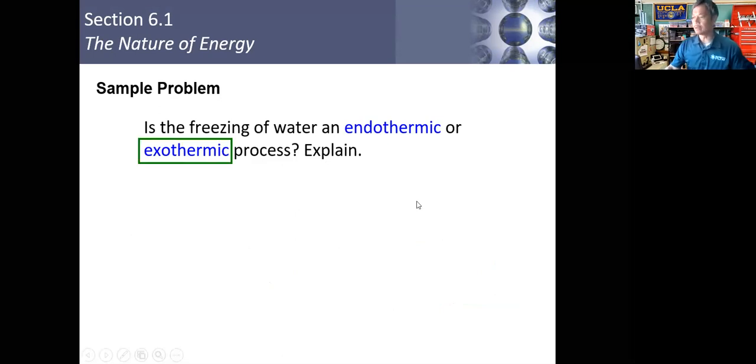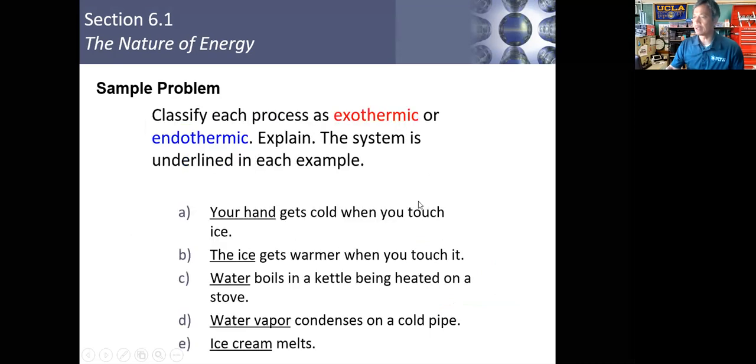What I would like you to do then is on your paper, I want you to try this here. I give you 5 different processes, and what I would like you to do is take about 2 minutes, and think about each process. First of all, identify the system. And then tell me whether the system is exothermic or endothermic.